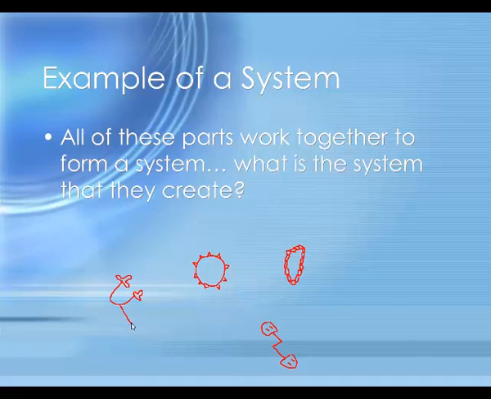And then I would have probably added a wheel. And this is not a very good wheel. But all of these parts interact with one another in order to form the system as a whole. And the system as a whole is a bike.